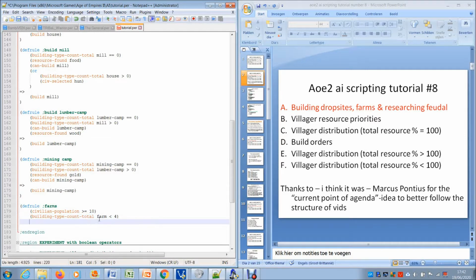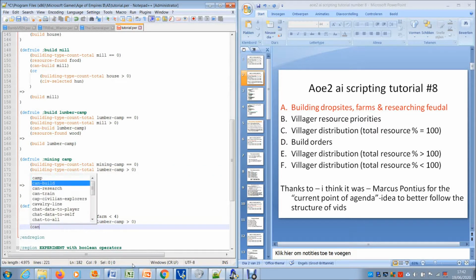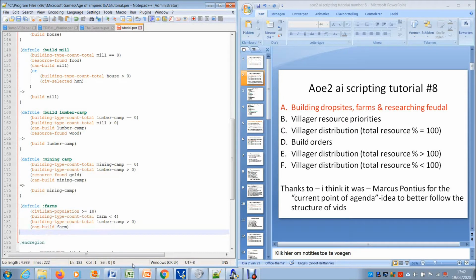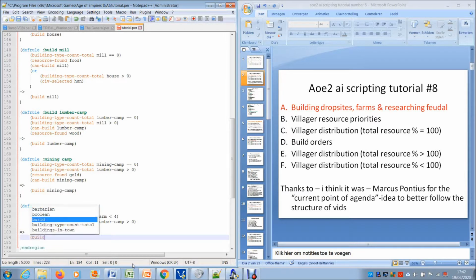This means that it will build 4 farms to start off with, and we want it to build the farms after it has built the lumber camp. Can build farm, build farm.